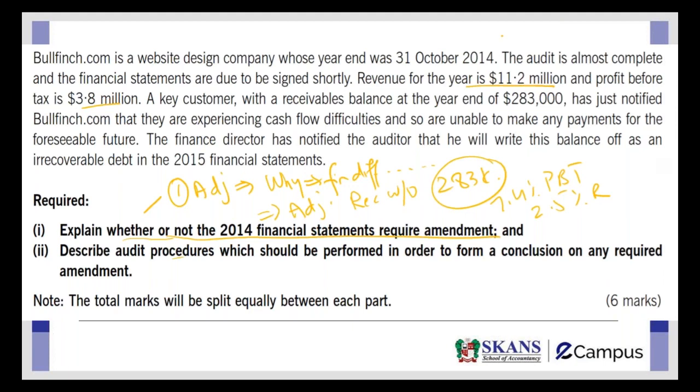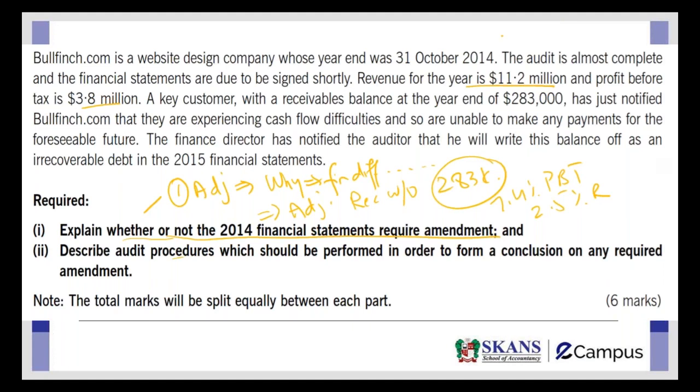The next part is describe the audit procedures which should be performed in order to form a conclusion on any required amendment. Now, guys, this is very easy. Please listen to me. Do not type in. I have told you that there's a receivable of 283,000, which is probably not recoverable.